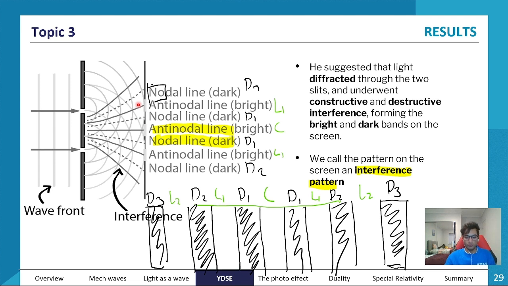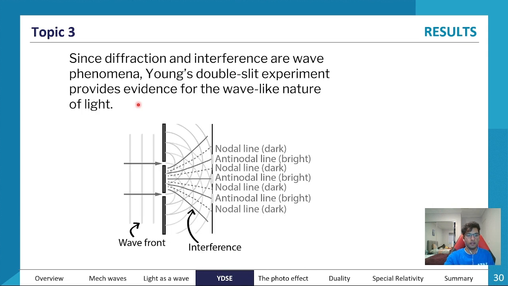And what that proves definitely is that light is a wave. Because remember what I told you before, that all waves can diffract.